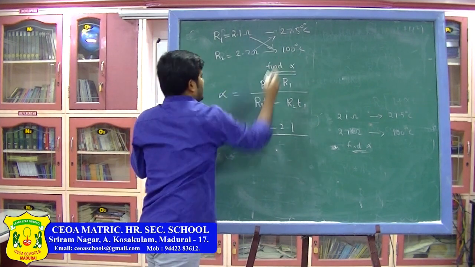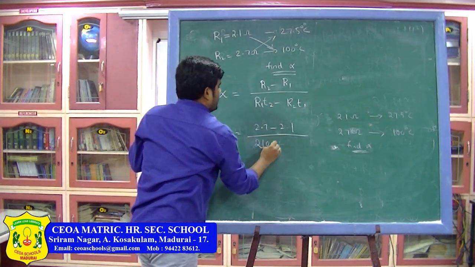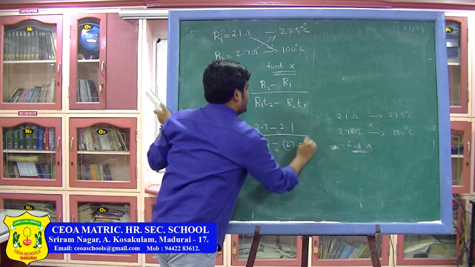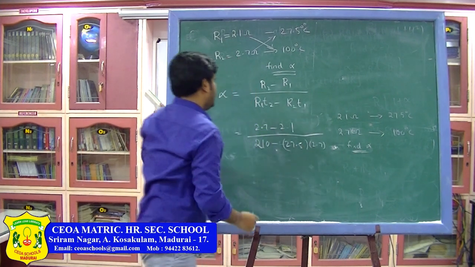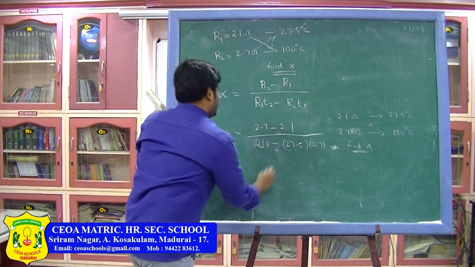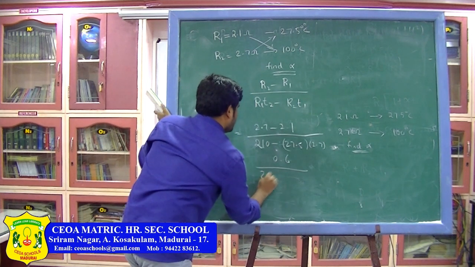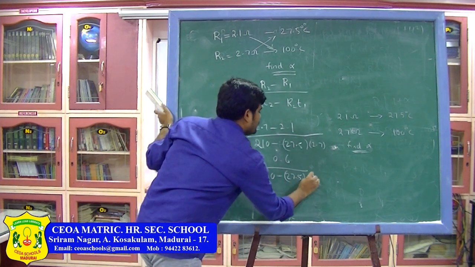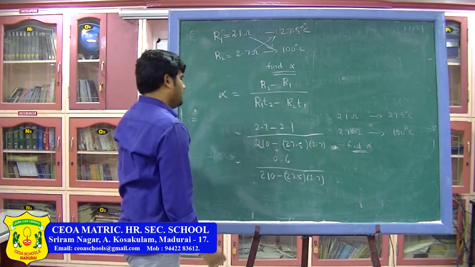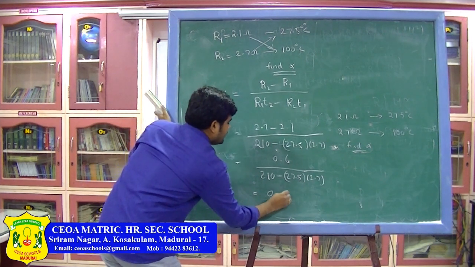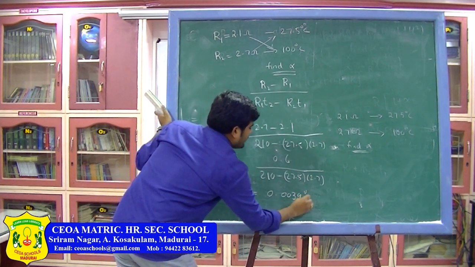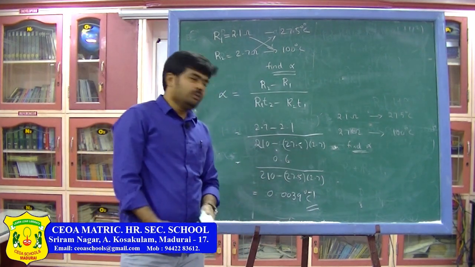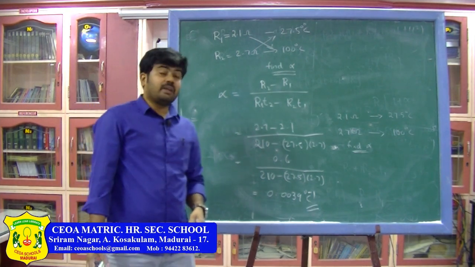So, 2.1 into 100, that is 210 minus 27.5 into 2.7. Then 2.7 minus 2.1 will get 0.6 divided by 210 minus 27.5 into 2.7. So, simplifying this, you will get the value of alpha as 0.039 per degree Celsius. That is the answer.